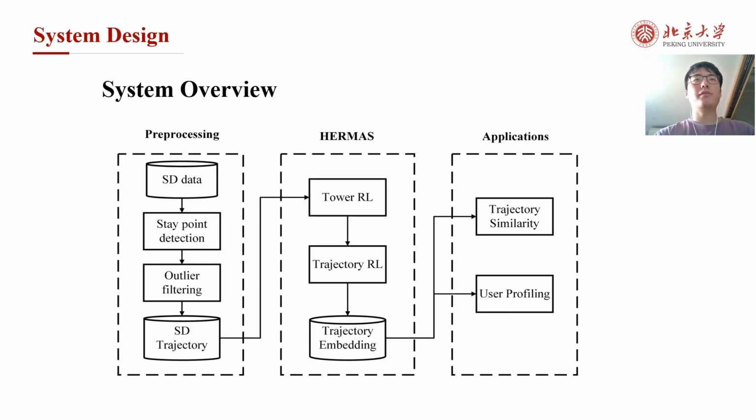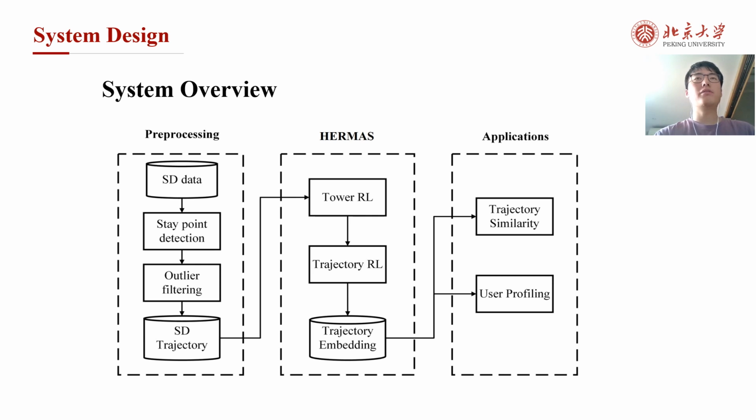An overview of our system is shown here. It is composed of three main parts: preprocessing, mobility embedding framework, noted as HERMAS, and applications. Specifically, SD are transformed into trajectory data as the input of HERMAS after a preprocessing part.